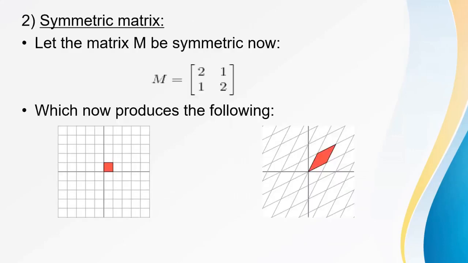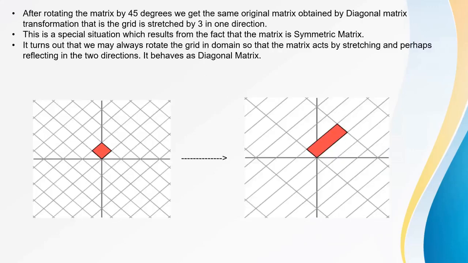But we can see, when we use a symmetric matrix, then x is converted to 2x plus y and y is converted to x plus 2y. As it is seen, as it is a linear transformation, the stretching will be in the same direction, which can be clearly seen when we rotate the original graph by 45 degree.